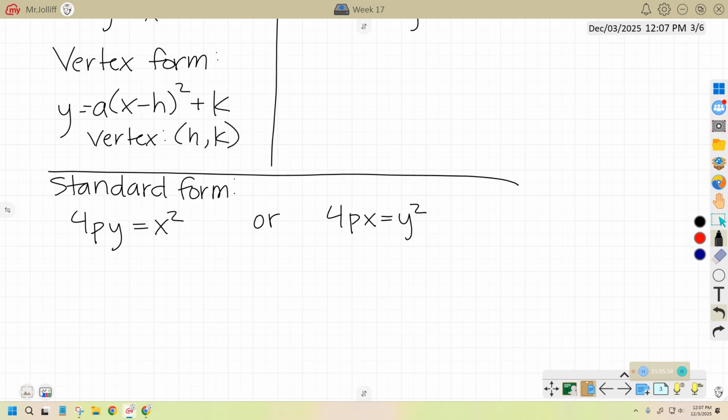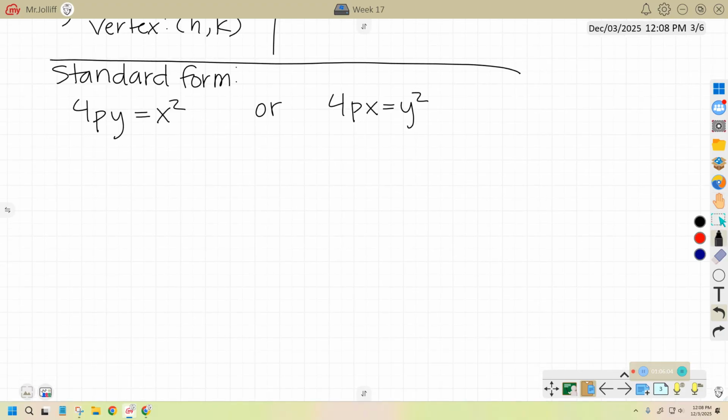That looks really weird. We've isolated the squared and not the variable without an exponent, which seems backwards to us. But remember, just like here, if the x is squared, it's a happy or frowny face. If the y is squared, it's on its side. And the question is, what the heck is that p floating around?